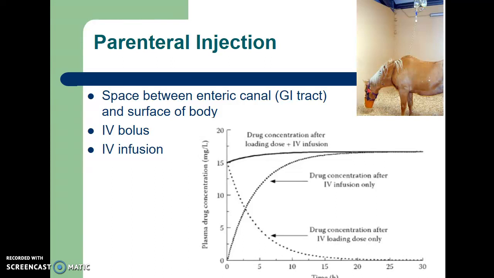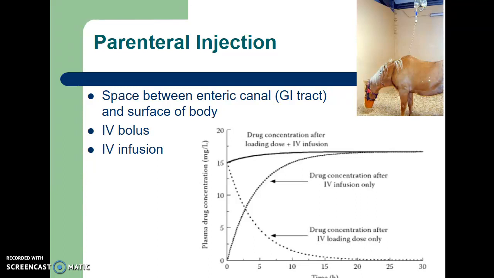So if it's going directly into the GI tract, that is oral administration. But anything under the skin, so we're eliminating topical and we're eliminating that inhalant, but we're going right between the skin and into the muscle, or under the skin, sub-Q.